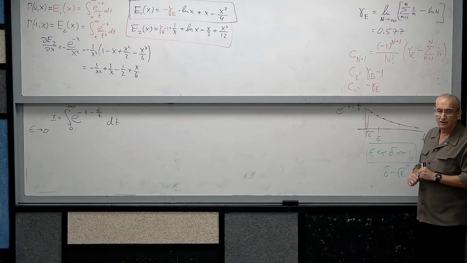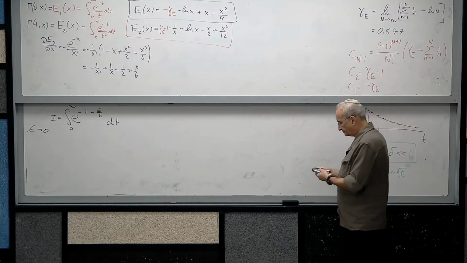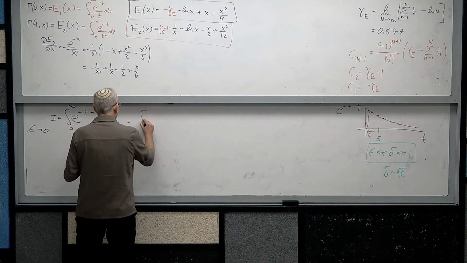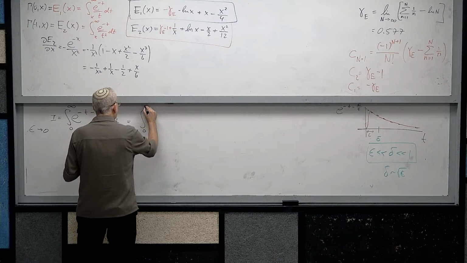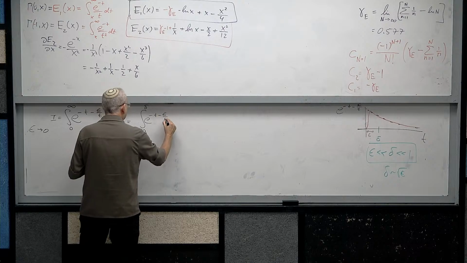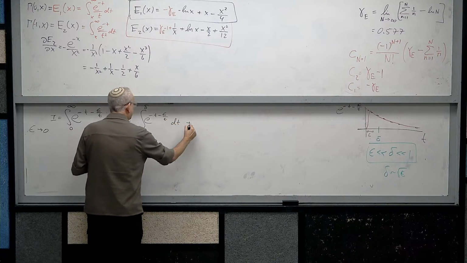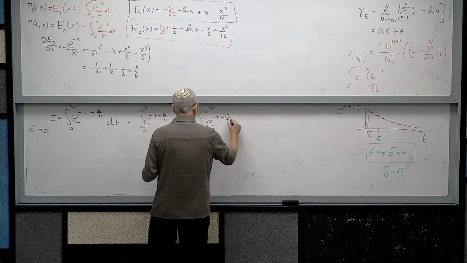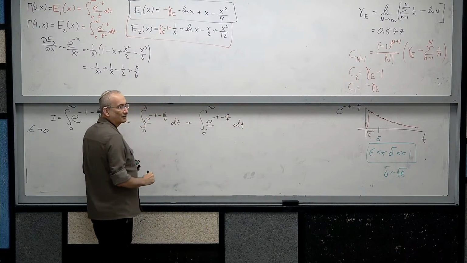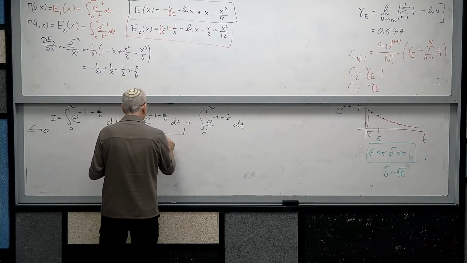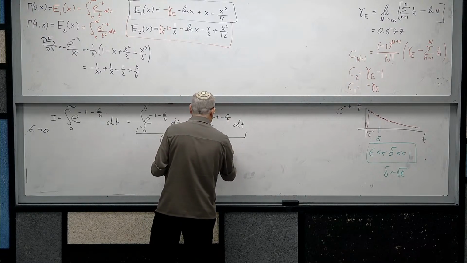And the trick we are going to do is to split this integral into two integrals: integral from 0 to delta of e to the minus t minus epsilon over t dt, plus integral from delta to infinity of e to the minus t minus epsilon over t dt. Okay? Let's define them as integral number 1 and integral number 2.